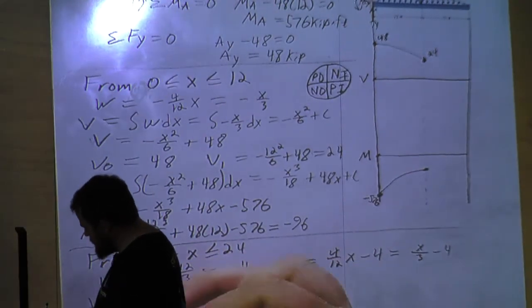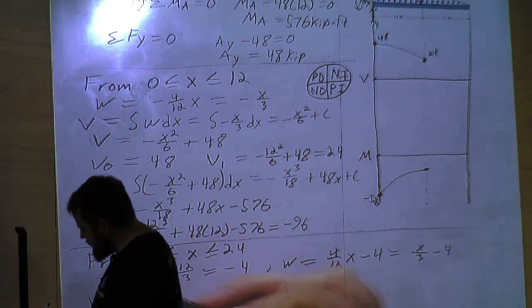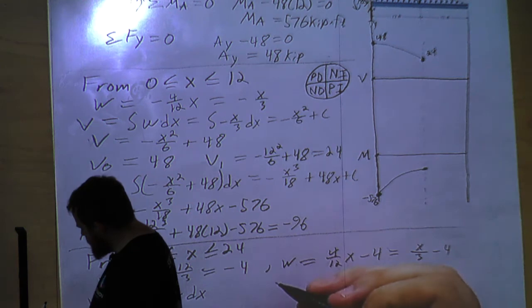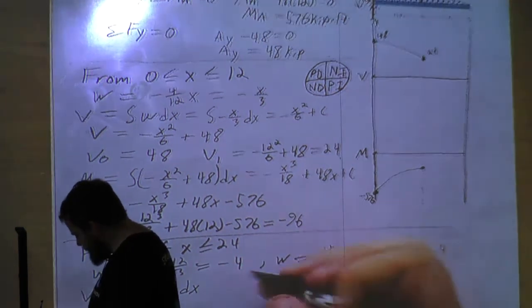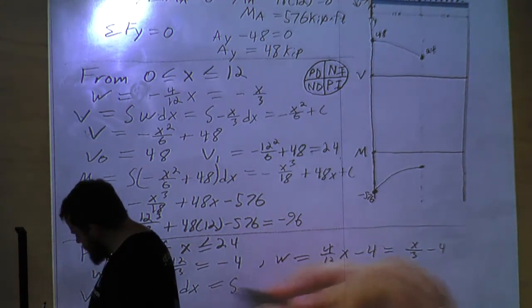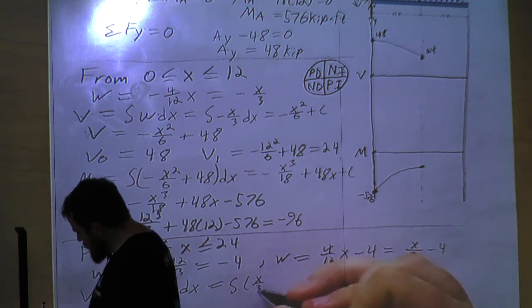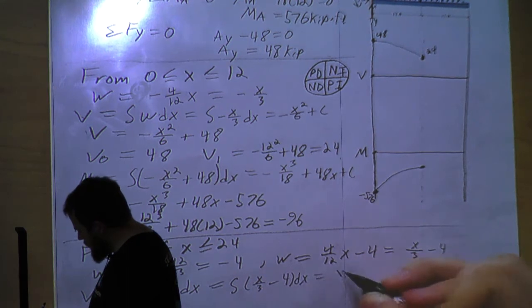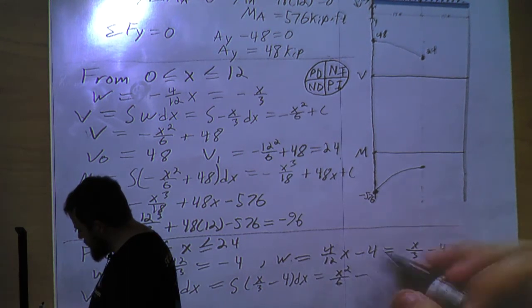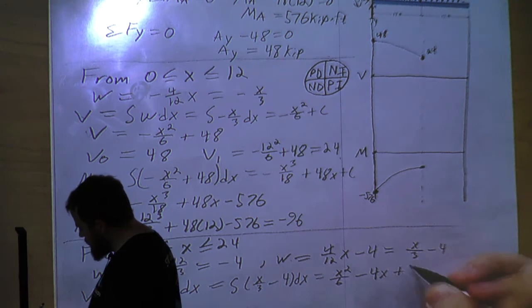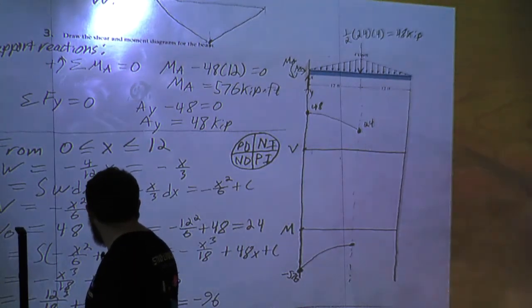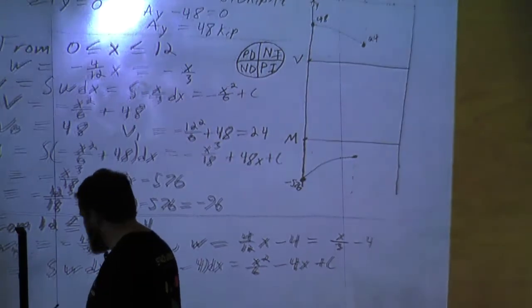So then our shear from there, now it's just simple integration again. It's going to be the integral of the load dx. So that's going to be the integral of x over 3 minus 4, which is x squared over 6 minus 4x plus c. Now, in this case, our c is going to be this 24 that we left off with from the first part.